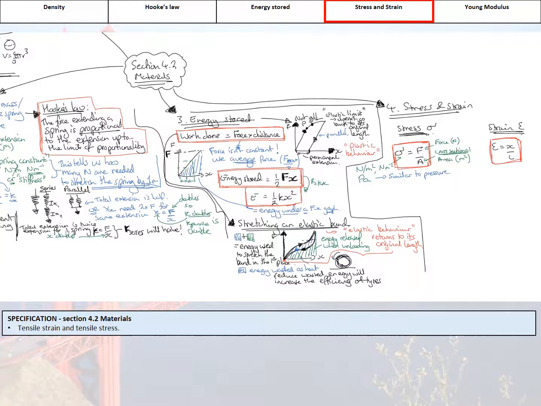So what does it mean? Stress is how much force there is in a unit area. And in this example, the unit of area we're using is metres squared. We really need an example to help understand this.